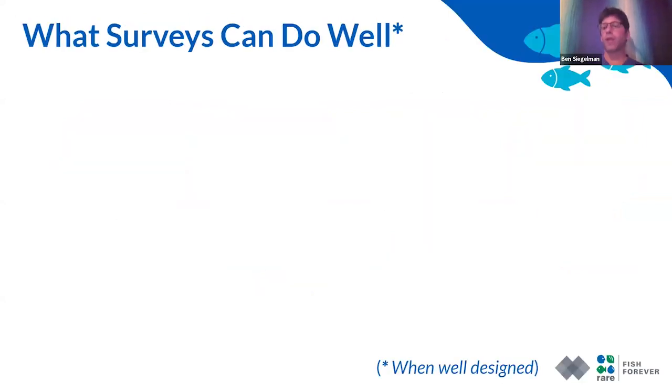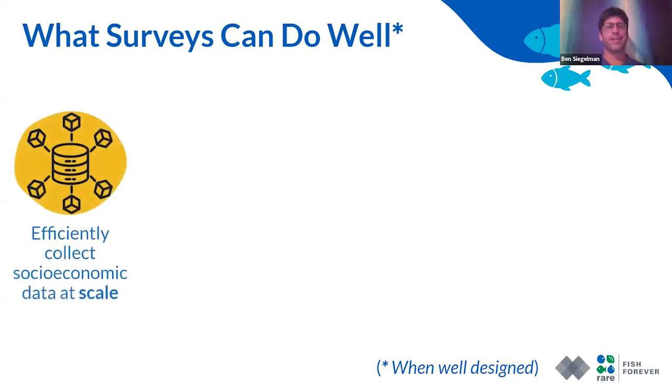And surveys can do a lot of things really well. First and foremost, surveys collect socioeconomic data at scale, and they do so in an efficient way. They may not feel efficient because they can be long and boring, and it's a lot of data and a lot of time and effort. But the amount of data they collect is across so many people. And compared to any other data collection method, it is such an efficient, low resource tool.